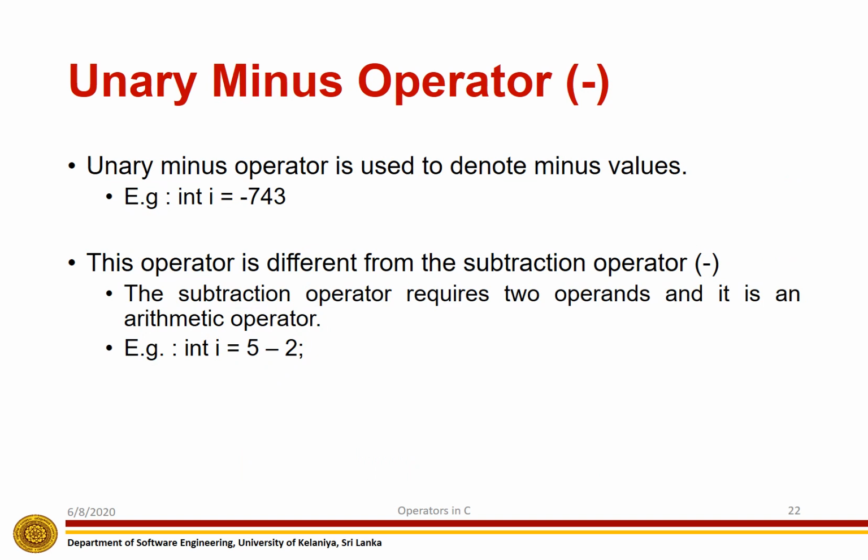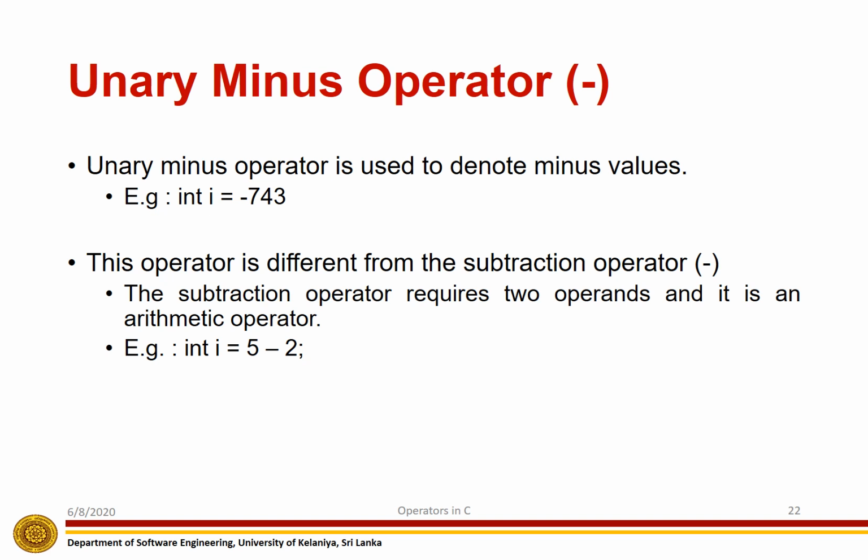The first one is the unary minus operator. This is used to denote negative values. For example, you can see int i equal minus 743. This operator is different from the subtraction operator because the subtraction operator requires 2 operands, but this minus requires only 1 operand.